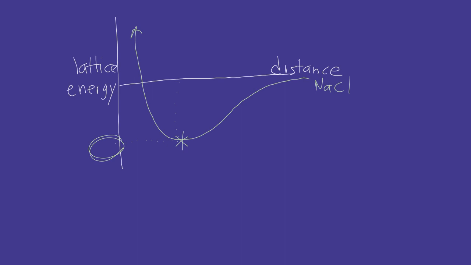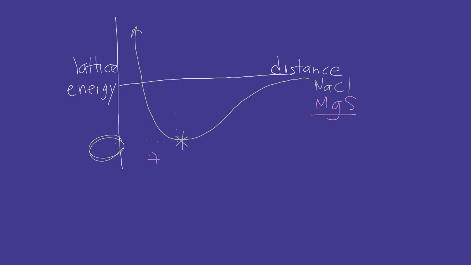So how would this look then for MgS? And I'm going to change colors so we can see here. Well, we said before this has stronger Coulombic attractions because it has greater charge in both the cation and the anion. So that means that we need to shift it down because it's more energy. And they're also going to be closer together because if they have a higher charge, they're going to be more attracted to one another, and that's going to pull them closer.